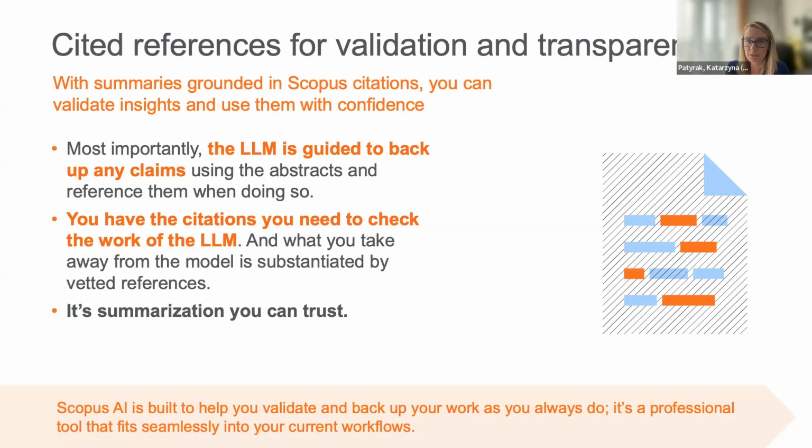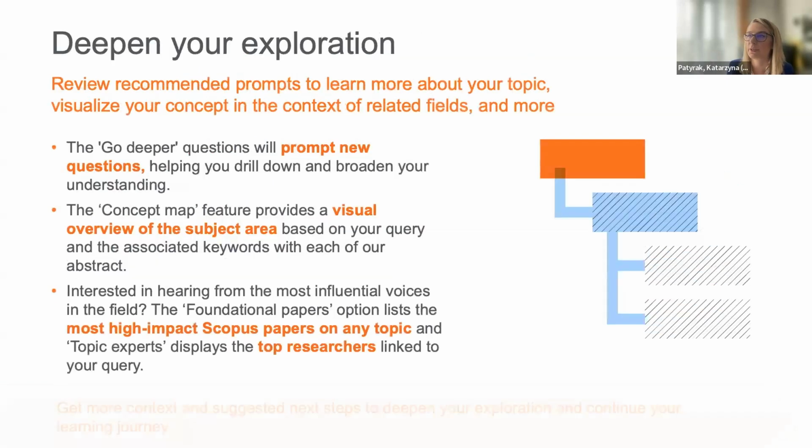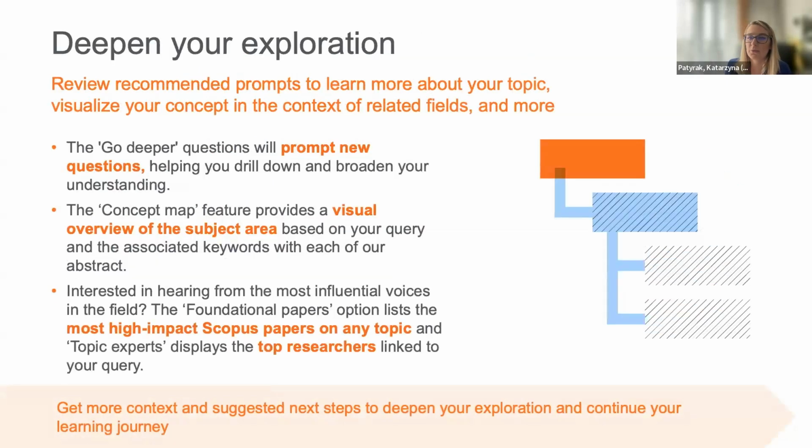I think the most important thing in this summary is that you have the references, so you know exactly which publications this information is coming from. So you can even check the publication on your own and make sure that maybe there is additional information that you are looking for there. And with the go deeper step, the 6th step I told you about, and the keyword graph features, you can learn more about your topic and visualize the concepts.